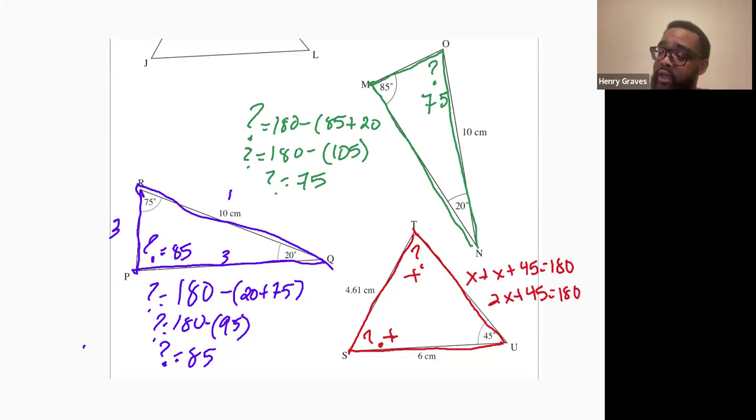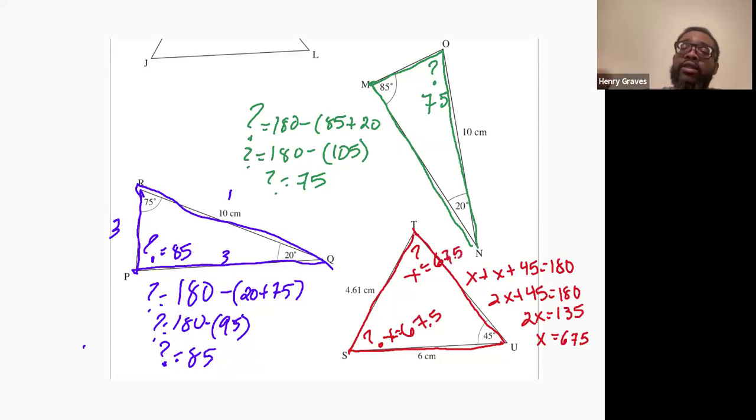So X is going to equal 67 and a half. So that means this side is going to be 6 centimeters.